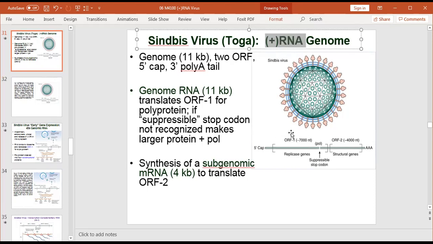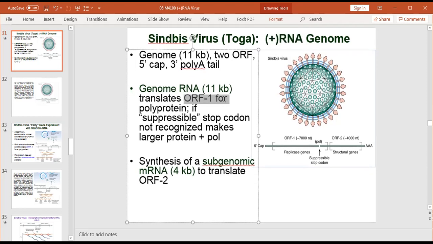As you can see, open reading frame one is about 7 kb. The second one is about 4 kb. The 7 kb usually codes for replicase genes, and ORF2 usually codes for structural genes.